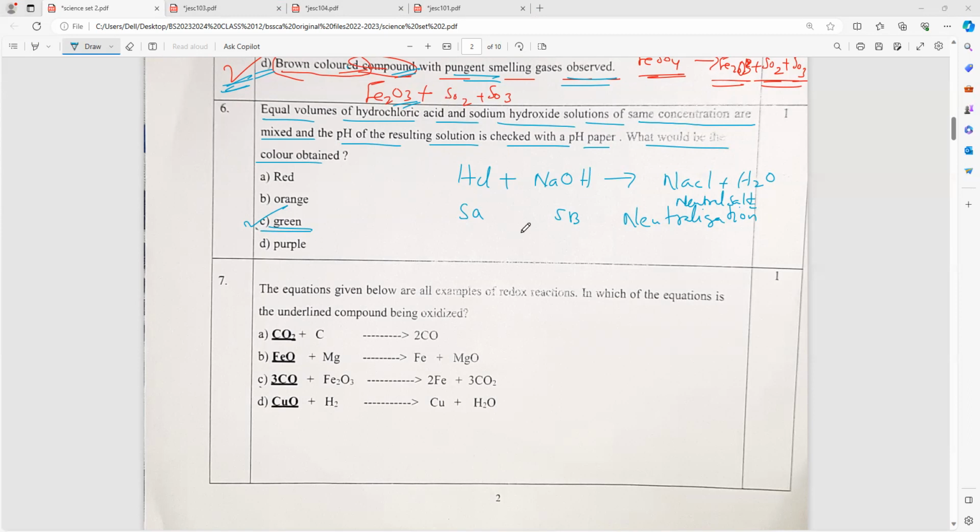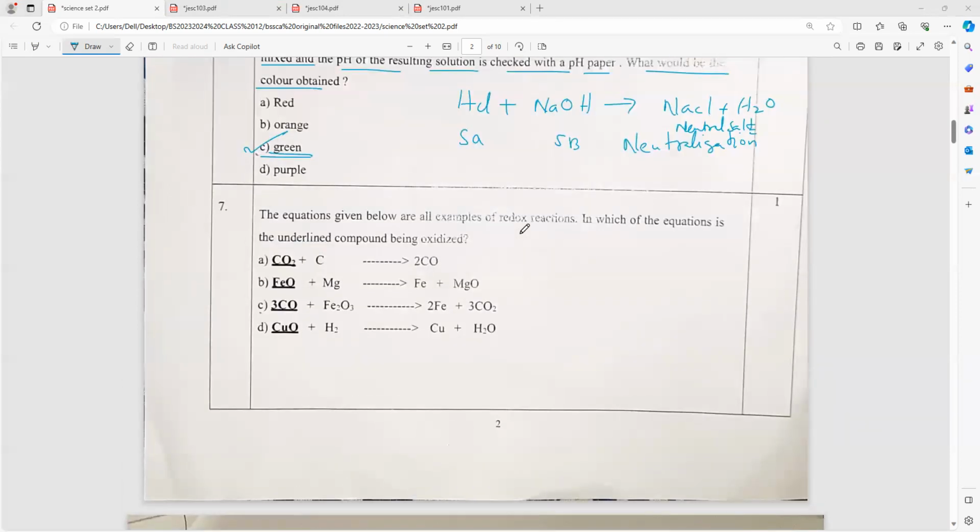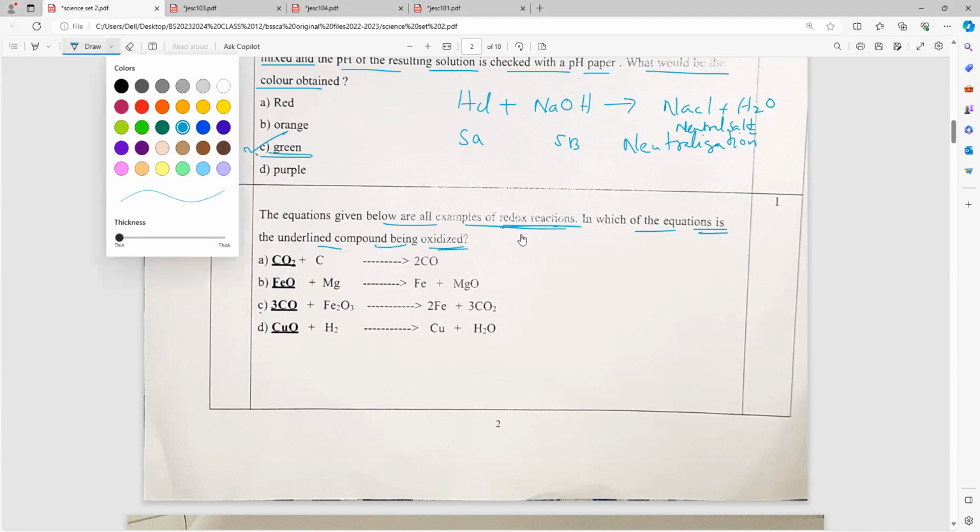Please make it. Next. The equations given below are all examples of redox reactions. Redox reactions means oxidation plus reduction, both take place. In which of the equations is the underlined compound being oxidized? Anybody?